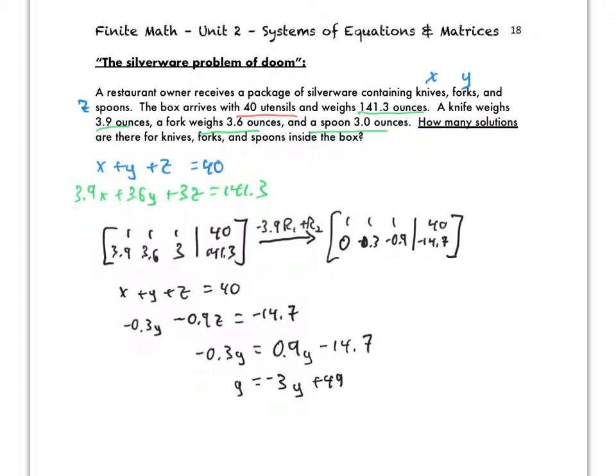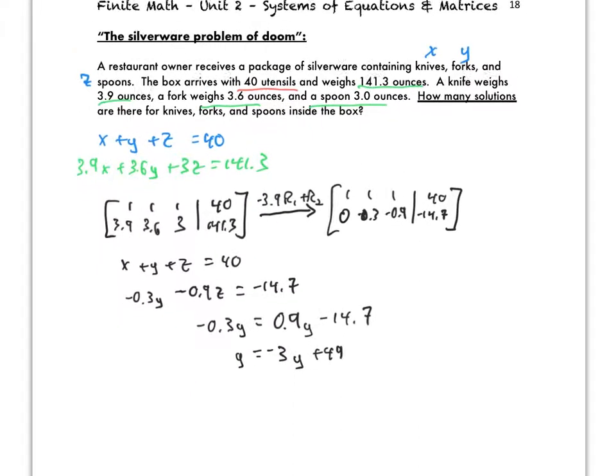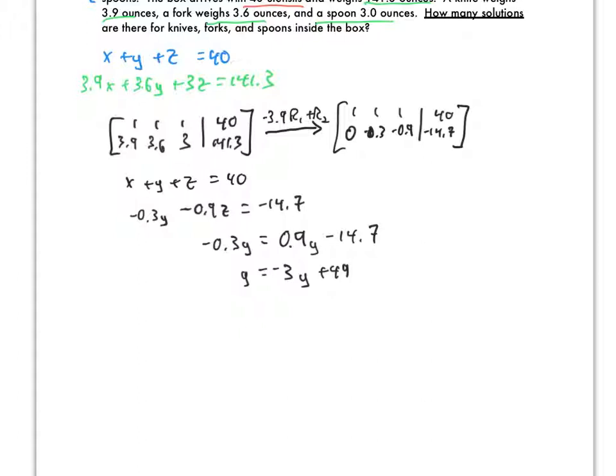All right, so now I have an expression for y, and now I have to go back and put this into the first equation in place of y. I'm going to have x plus, and substituting in for y, that should be a z right there.